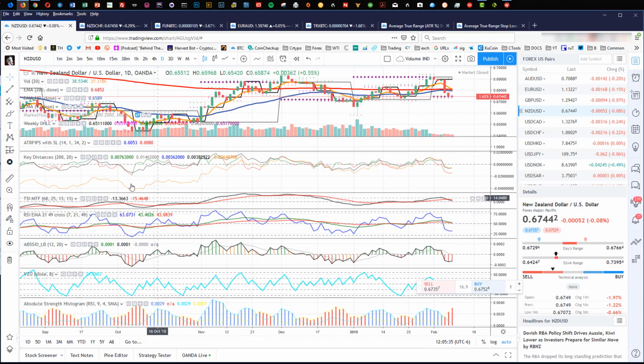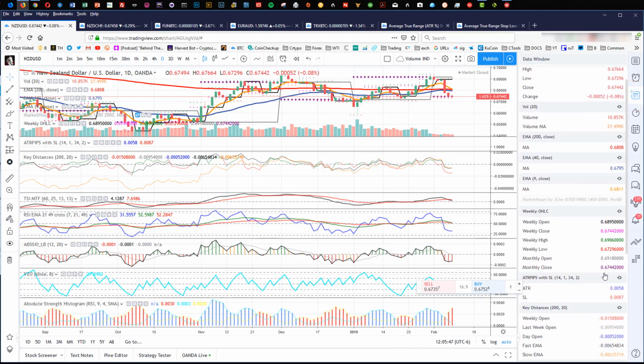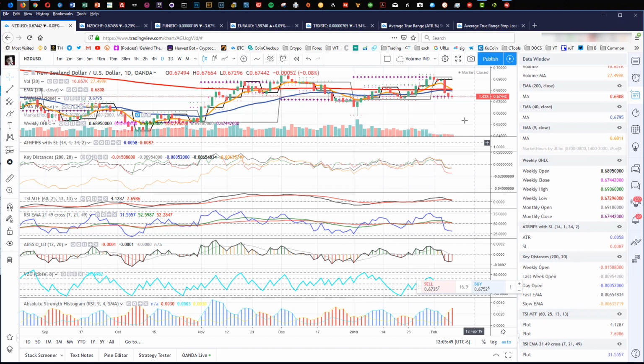Now down below this are other numbers that are helpful as well. If I go to the information, the data window, these numbers are pips away from the weekly open, the last week open, the day open, the 200 moving average.